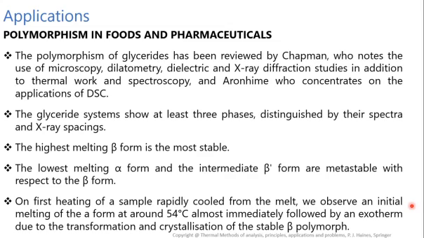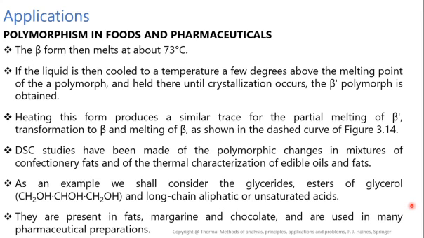Look at how that particular alpha, beta, and beta dash will work. So look at the example. On first heating of a sample rapidly cooled from the melt, we observe an initial melting of the alpha form at around 54 degrees Celsius, almost immediately followed by the exotherm due to the transformation and crystallization of the stable beta polymorph.